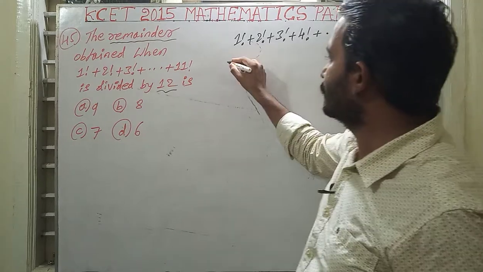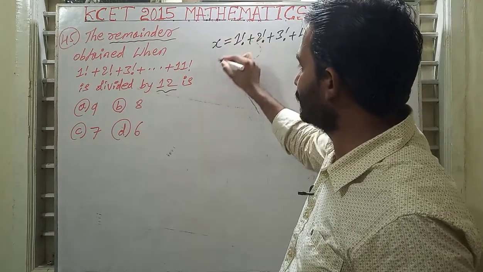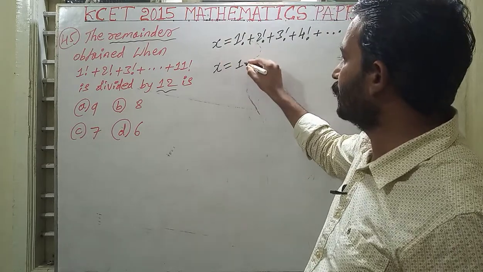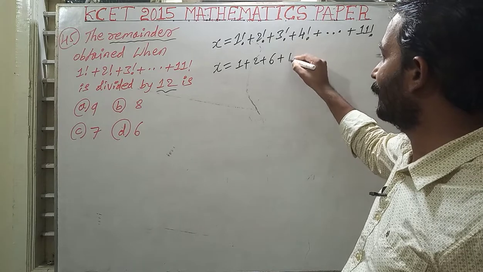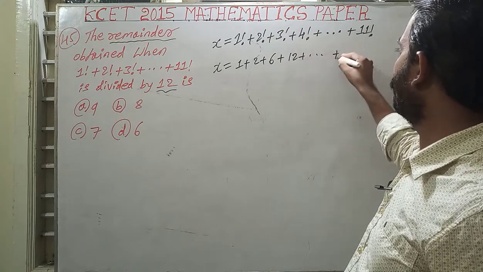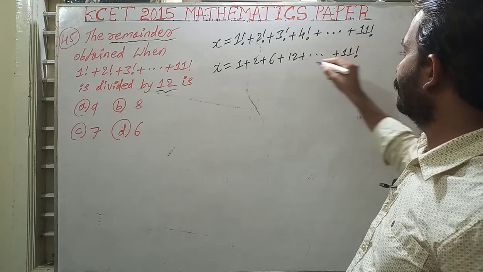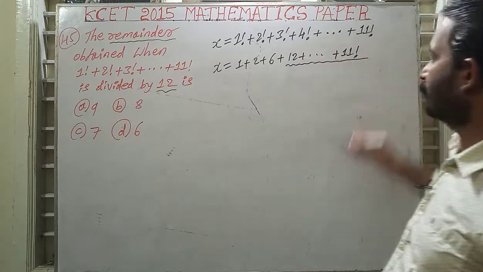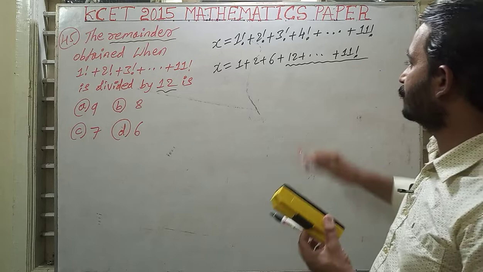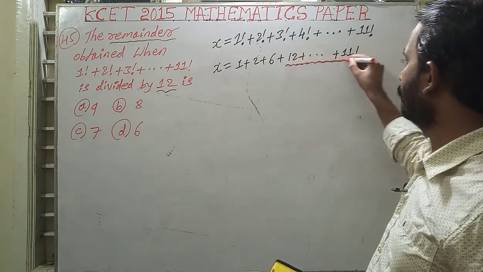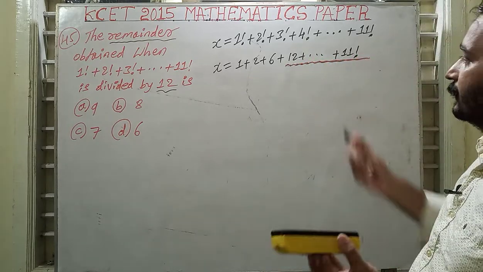In this case take this value as x, which is 1 factorial 1, plus 2 factorial 2, plus 3 factorial 6, plus 4 factorial is 12, so on up to 11 factorial. These are multiples of 12. So after 12, all the terms are multiples of 12.